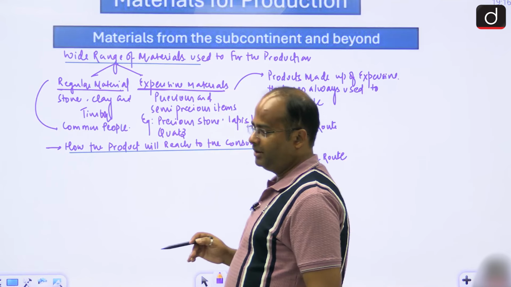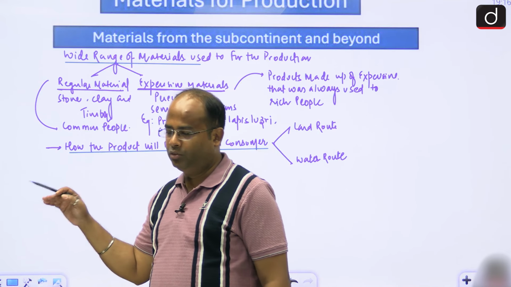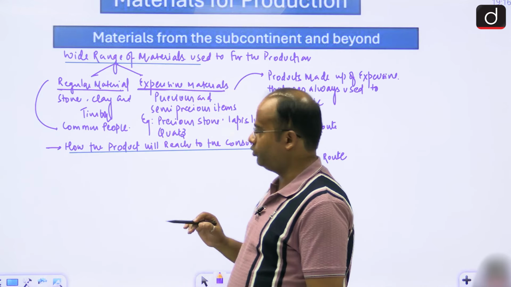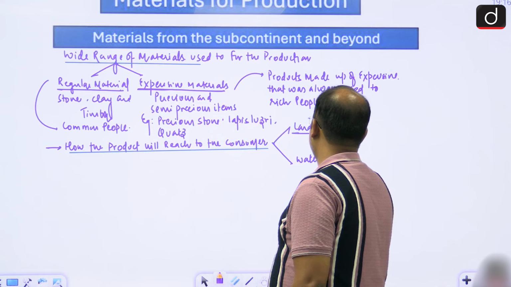One, this product can be reached through the land route, and next it can be reached through the water route. So how will it be reached by the land route?